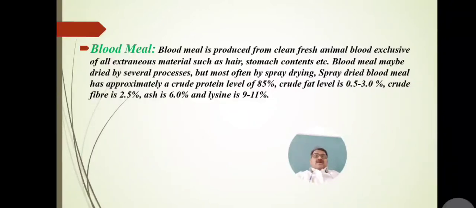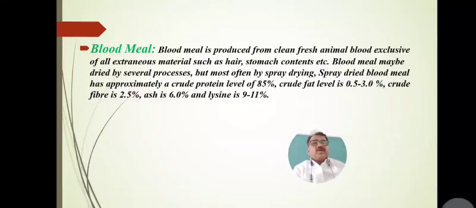That food is called blood meal, which is an important source of protein, fats, fibers, lysine as well as ash, and it is a good animal byproduct. With this we have completed animal byproducts.